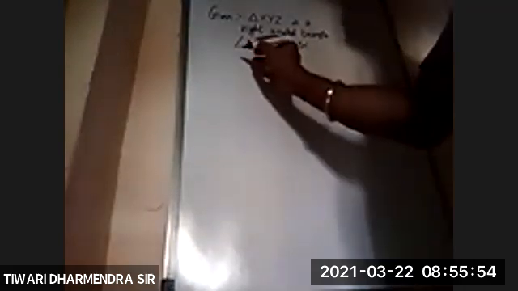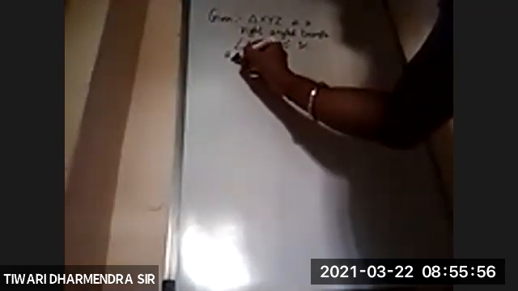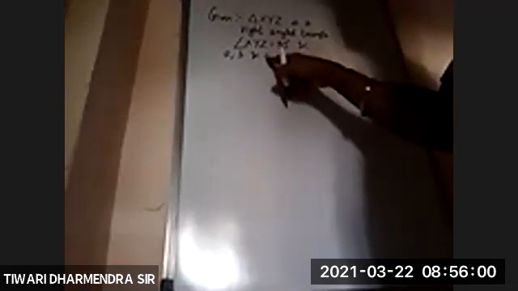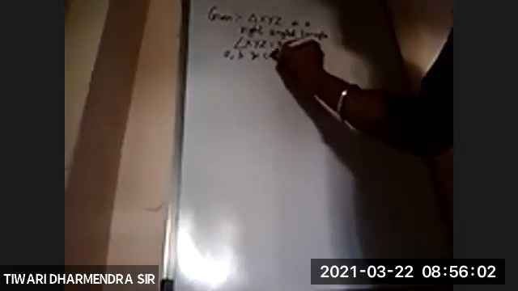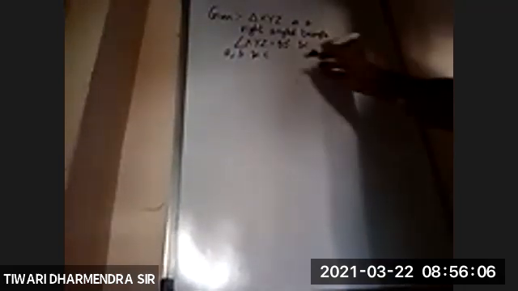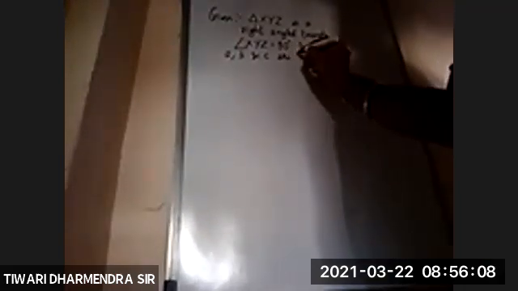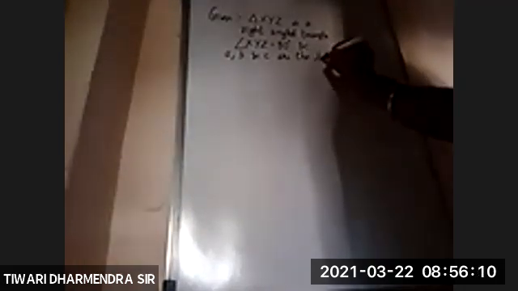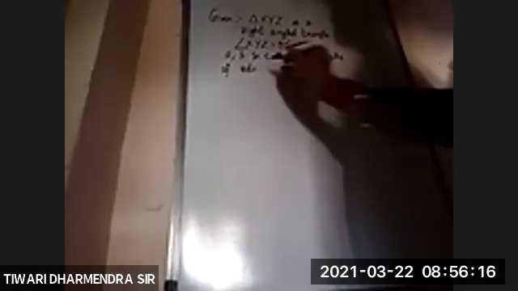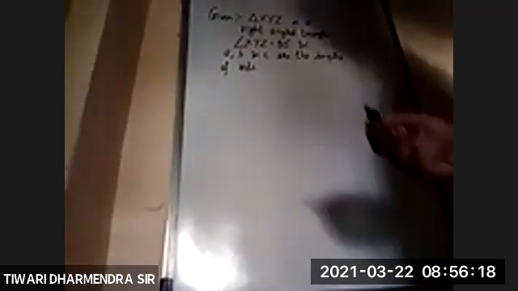So we will say small a, small b, and small c are the lengths of the sides. You can give it a name as we can see in the diagram.